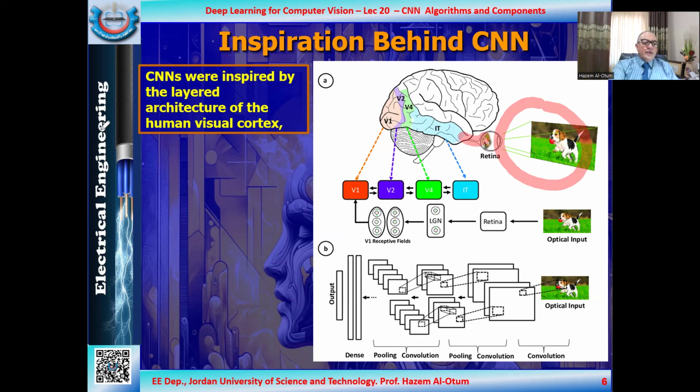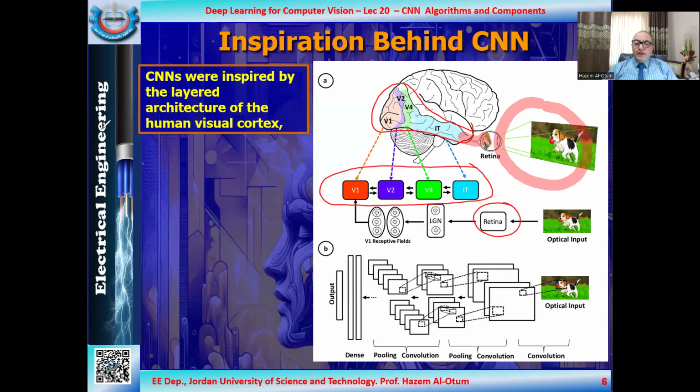In the brain, we can now see how the processing is done by the visual cortex. As you see here, we have the retina, and we start the interaction between all these parts of the brain to perform a given operation, to describe or classify this animal, let's say, or this object in front of the eye.